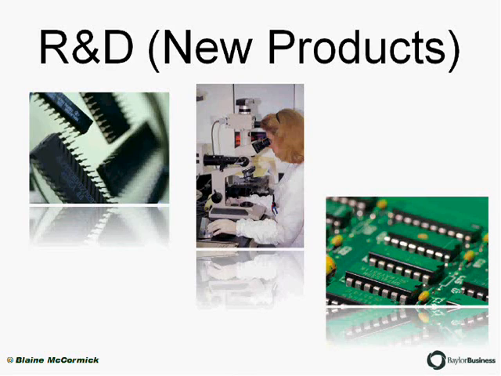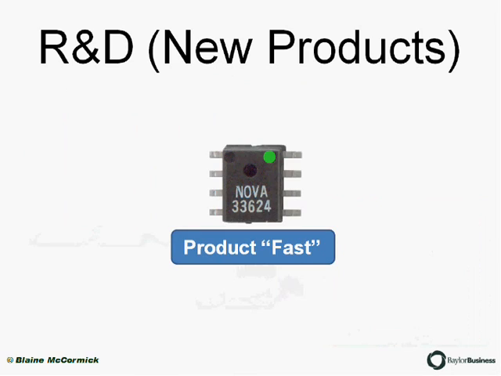The last area of your business that I want you to understand is your R&D area, or your research and development area. This is where you create new products, and you'll probably need to do that at least once or twice throughout the course of the simulation, if not more often. This is where you go to make and launch new electronic sensors. Let me tell you why you might need to use this area.